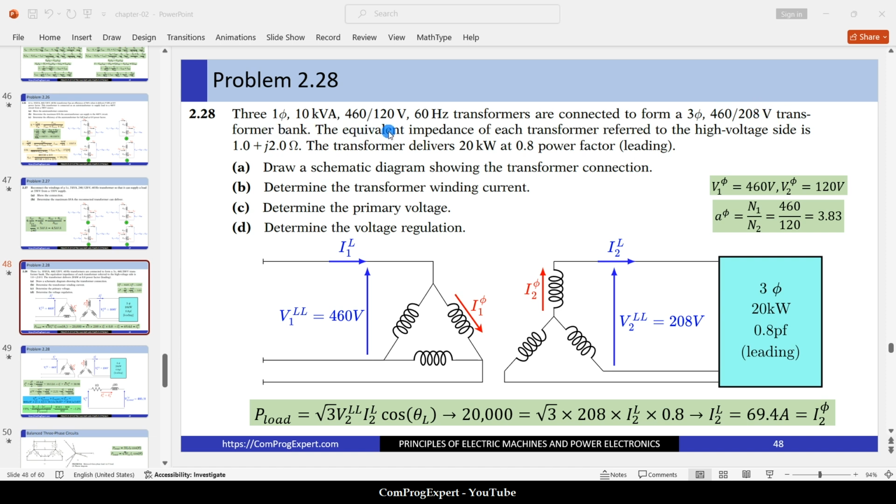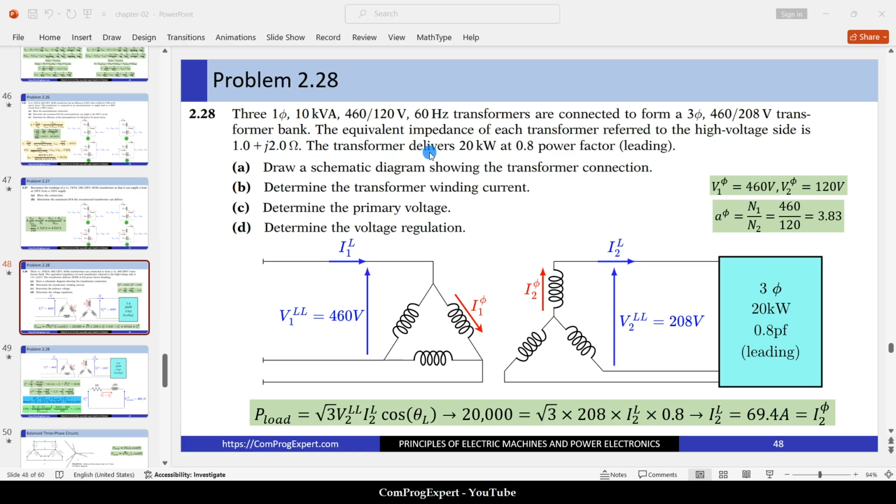The equivalent impedance of each transformer referred to the high voltage side is 1 plus j2. The equivalent resistance is 1 and the equivalent leakage reactance is 2.